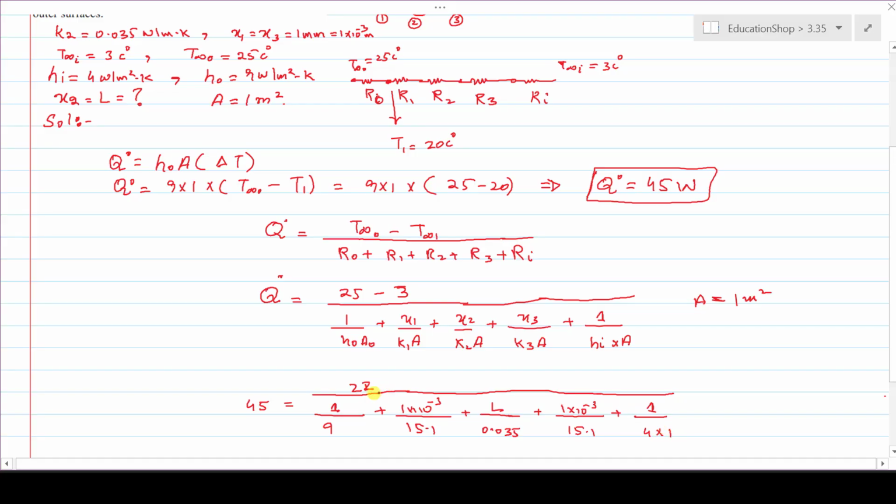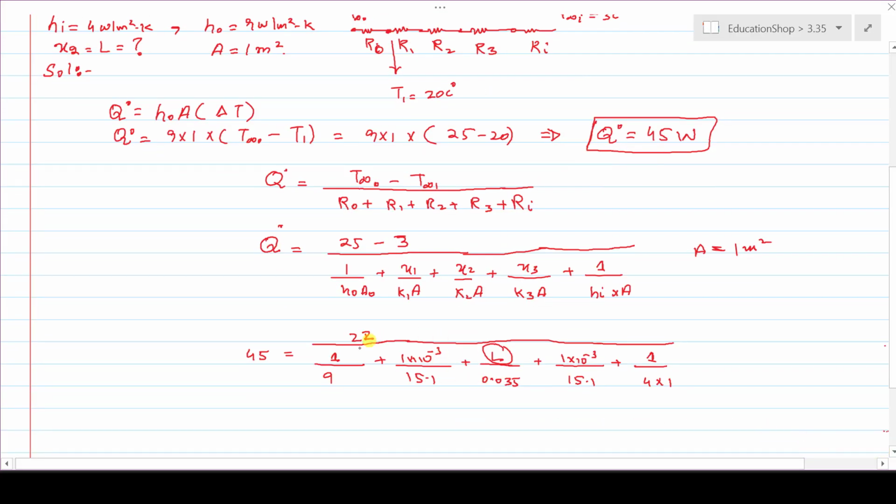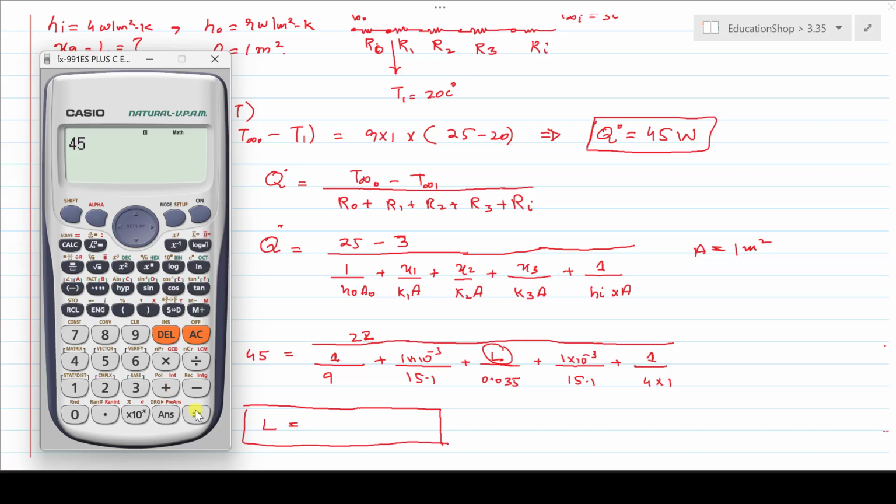Now just simply solve this on calculators for this L value and you will get its value. Let me solve this whole equation for the value of L, that is the thickness of the insulation. If you see this value and this value is the same and it is repeated twice, that's why I can say that 2 multiply 1 multiply 10 to the power minus 3.